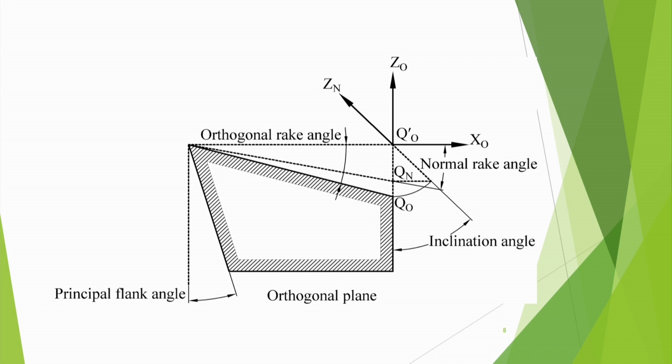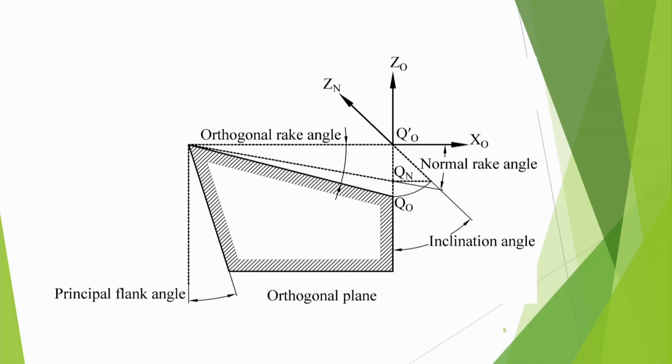Suppose this is the vertical, the cutting velocity, but since my plane has tilted, the line in the plane is no longer vertical, it is inclined with the vertical, and that inclination with the velocity is called the inclination angle. That means how much is the extra incline. If the inclination angle is 0, then the orthogonal plane and the normal plane both coincide. So this you have understood.